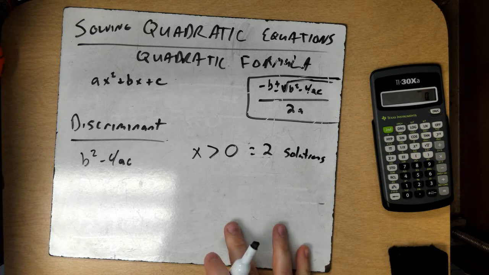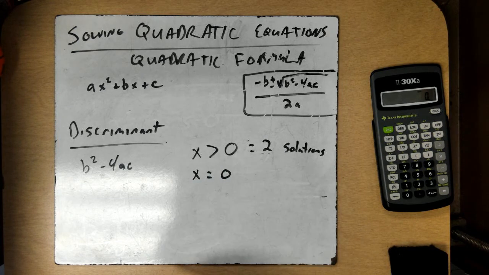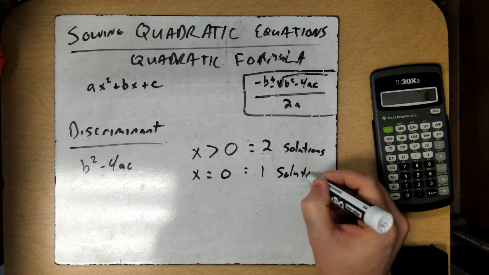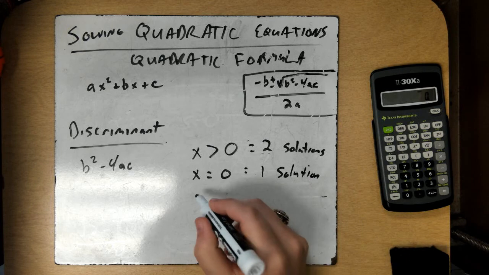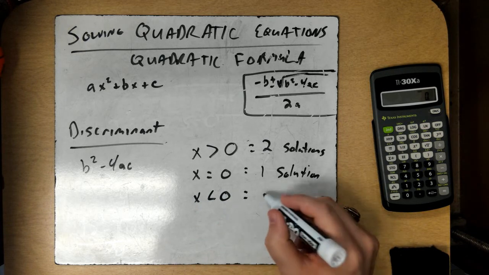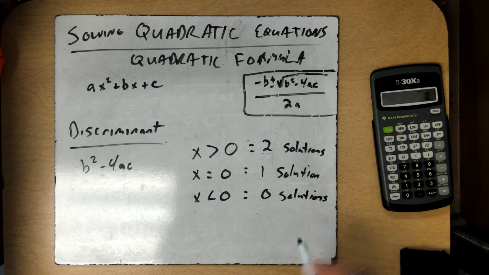If x equals 0, then there's one solution. And if x is less than 0, so any negative numbers we have here, there are no solutions. Okay, so we'll keep this in mind when we solve.